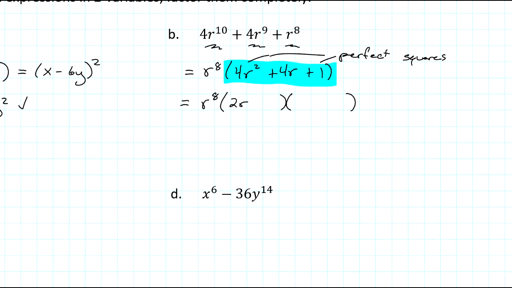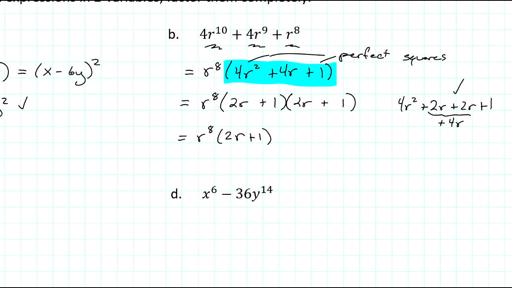So I might try a 2r and a 1 and a 2r and a 1. If I tried a plus in both of those, then if I foiled that, I'd get 4r squared plus 2r plus 2r plus 1. Those do add to a positive 4r, so that's a good thing. That does work. Cool, so we can factor this, and I might as well write this in the abbreviated form of r to the 8th times parentheses 2r plus 1 quantity squared.